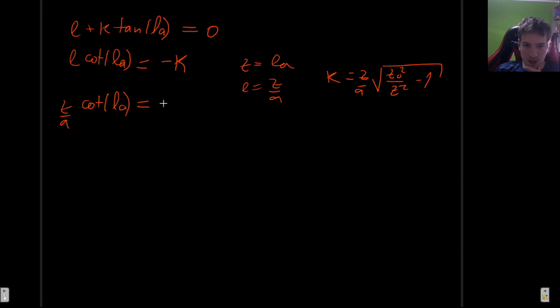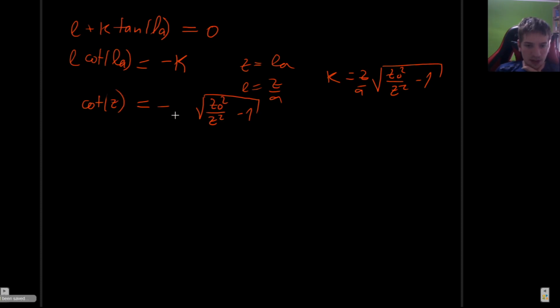This is going to be equal to minus z divided by a, square root of z0 squared over z squared minus 1. So we can now cancel out, not the minus sign, but everything else. And cotangent of LA is supposed to be cotangent of z.